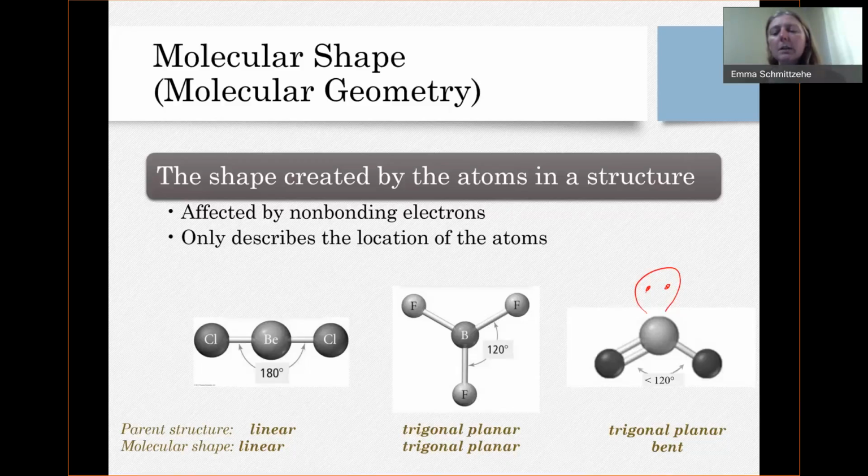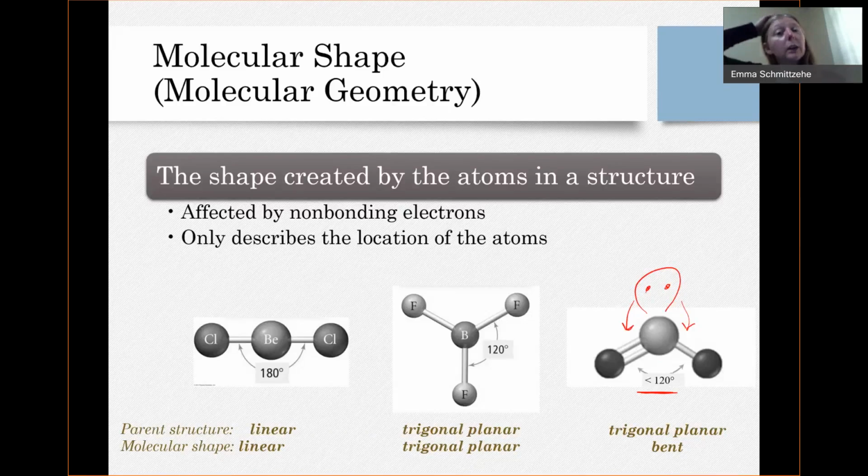So that's why on this picture, this bent structure, it tells you that the bond angle is less than 120, because that lone pair is actually pushing a little bit harder than those bonds are, and so it's kind of distorting that structure a little bit. Now you can look up exact angles for structures based on different experiments and calculations, but we're not concerned with exact angles.